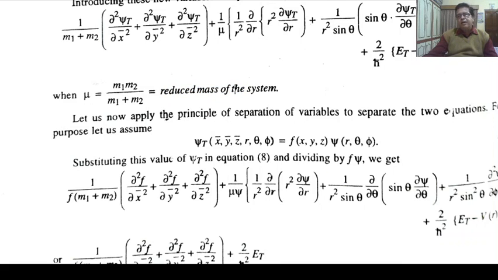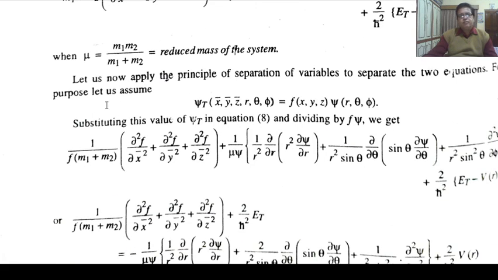Let us now apply the principle of separation of variables to separate the two equations. Now we want to separate the variables. For the purpose, let us assume psi t, which is a function of x bar, y bar, z bar, r theta phi, equals f(x bar, y bar, z bar) psi(r theta phi).